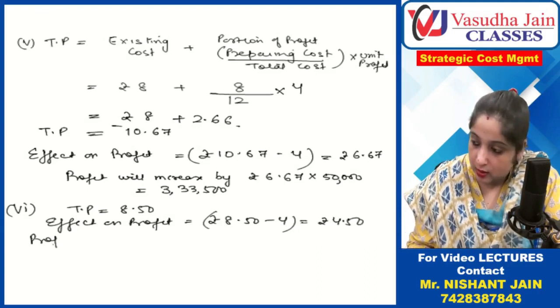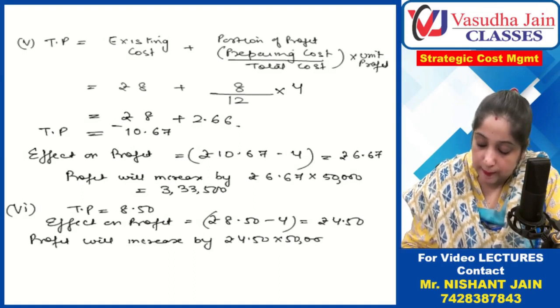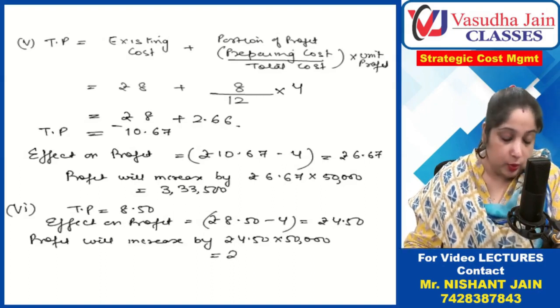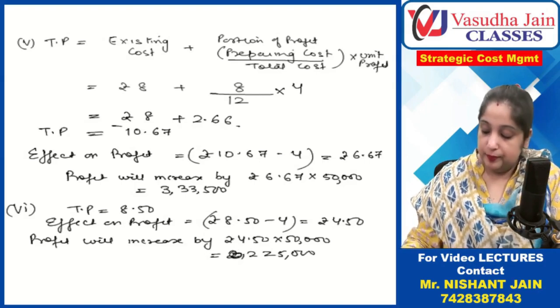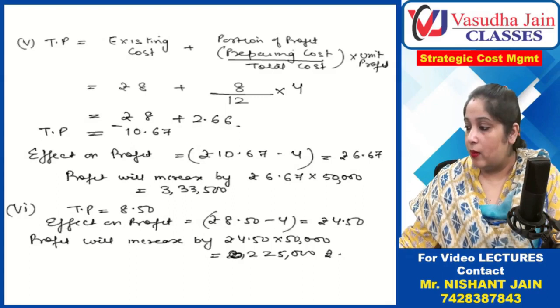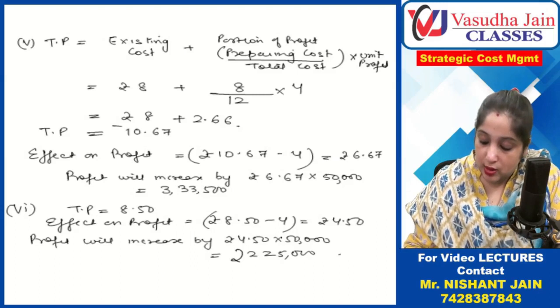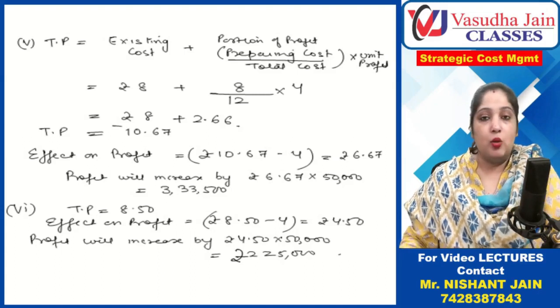So profit will increase by rupees 4.50 into 50,000, so this comes out to 2,25,000. So this was a basic question. The profit will increase by 2,25,000, and it has no complication as such.